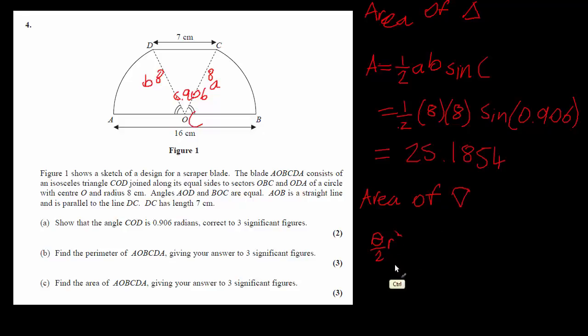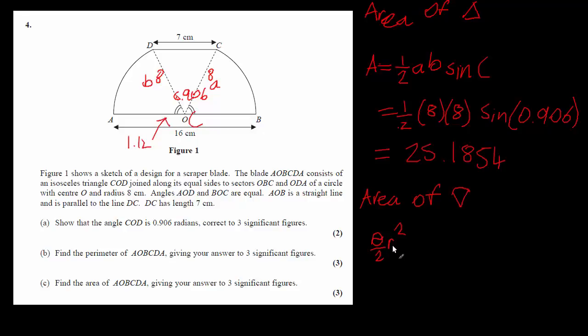Let's try and draw that a bit better. There we go. So we already know from earlier that this angle here is going to be 1.12. We found that in part B.